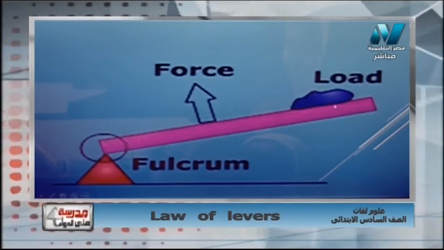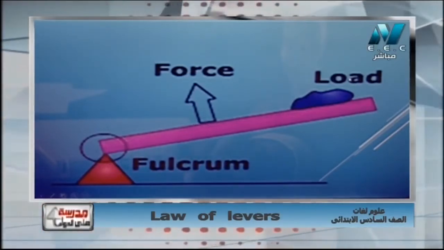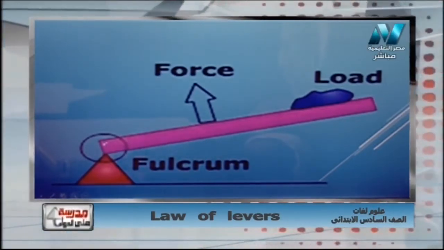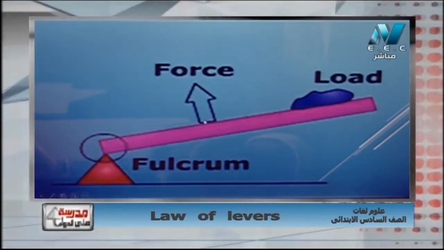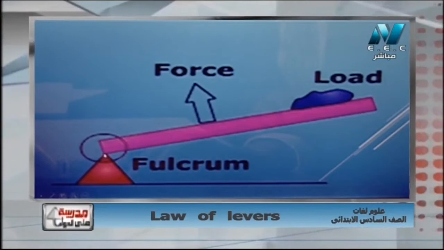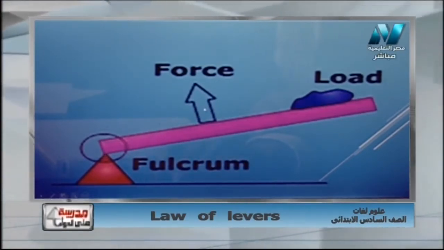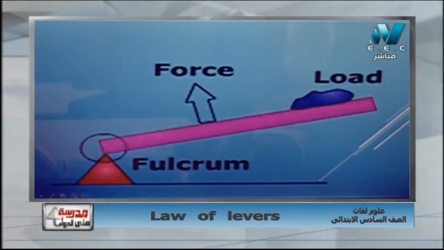And as you notice, my dear student, here resistance arm is longer than effort force arm. Effort force arm is short, just this distance, while the resistance arm is longer.